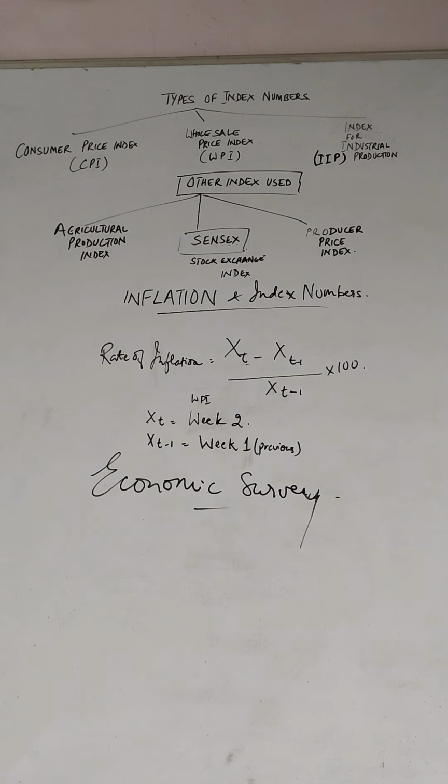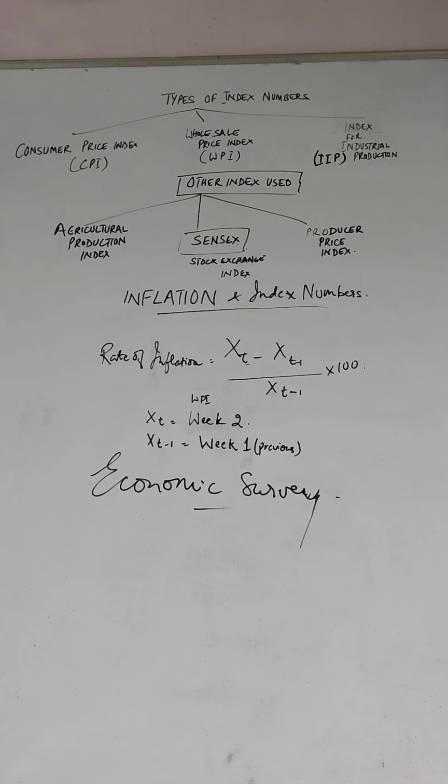Now, let's just take the choice of the base. Can anyone take the base as 1919 or 1920 and 21? No, we cannot, right? Because of the pandemic that we've had. So one has to be very careful about selecting the base. That has to be done very carefully.